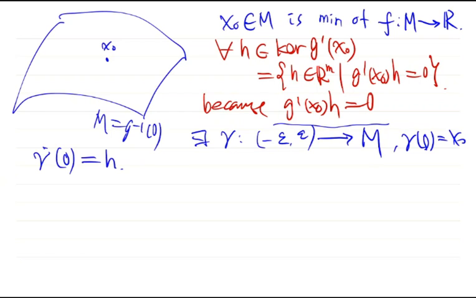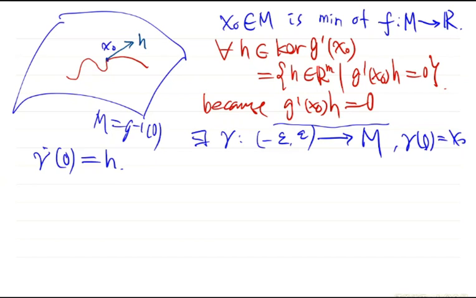Okay, so we have a curve. The curve is lying on M, passing the point x0, such that the tangent vector of the curve at x0 is our h. This is the result we proved at the beginning of today's lecture.